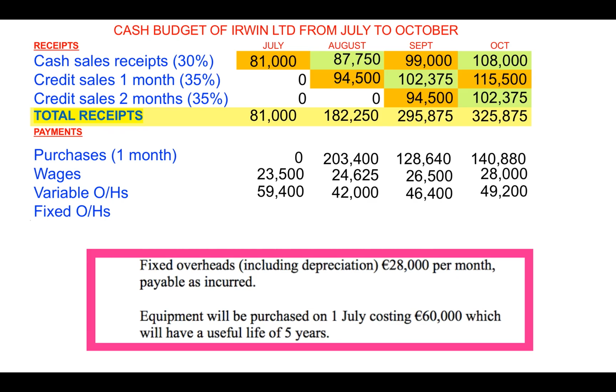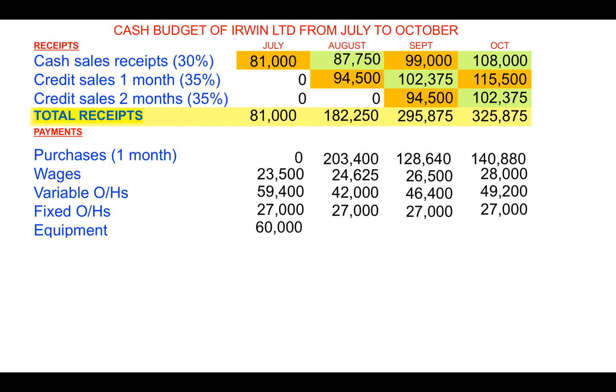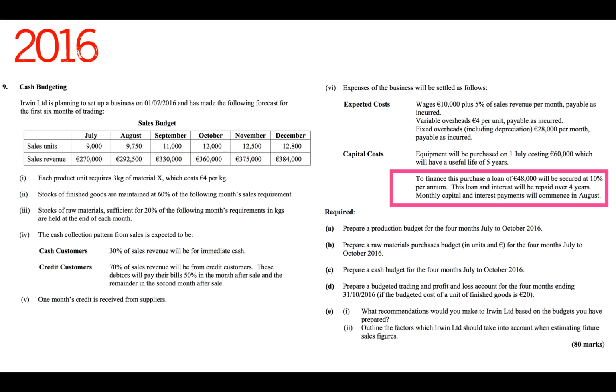So therefore your fixed overheads are going to be 28,000 minus 1,000, which is 27,000 per month. Then we're going to actually enter in the equipment that we bought. So the 60,000 is going to go in there. So it was bought in July. So nothing in any of the other months.